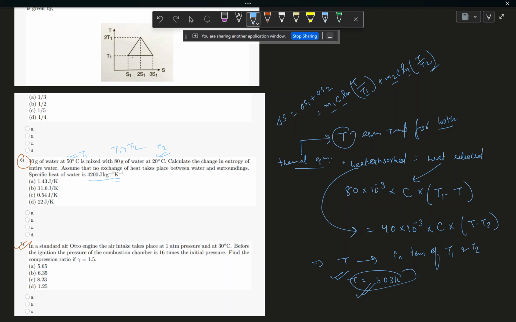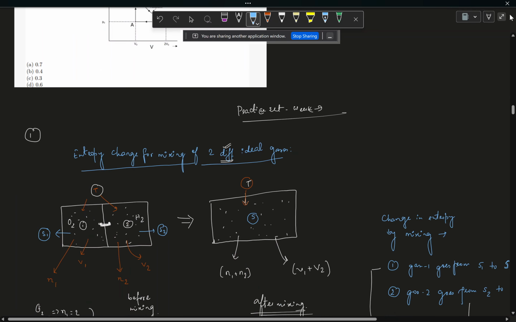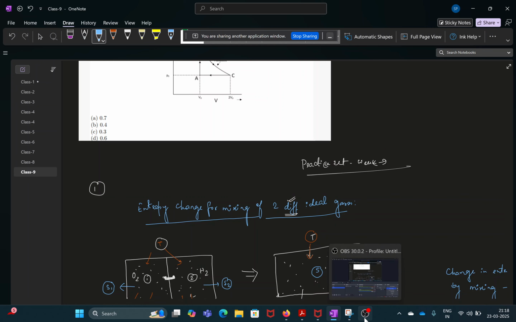That is the most simplified case, when you have mass and heat capacity the same on both sides, so we can just directly take an average as the final equilibrium temperature. So with this we finish all the problems in this week's lecture, and we'll be doing next week's assignment in the next class.